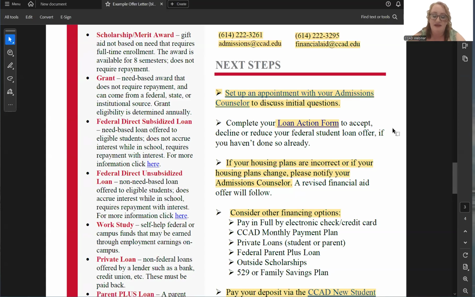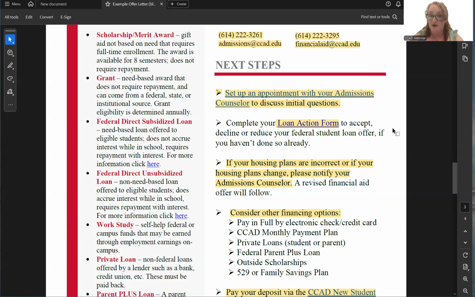This is a big, scary name for a legal document that basically says, I promise to pay back my student loans. And you'll sign that, and that is how you receive the loans. When I say receive loans, the federal government is actually going to send us your loan directly. So it's not going to pass into your hands to pay us. So you don't even have to worry about that.